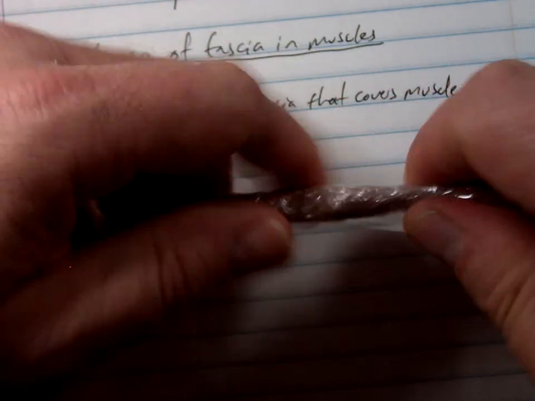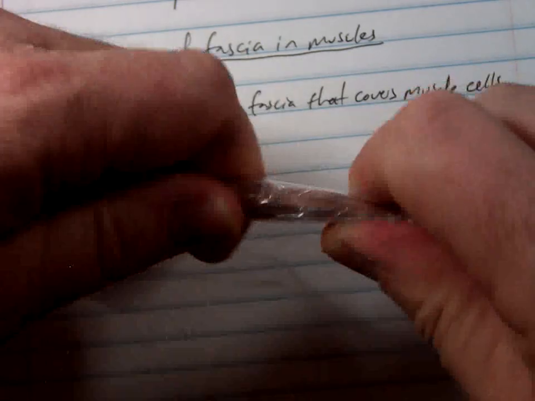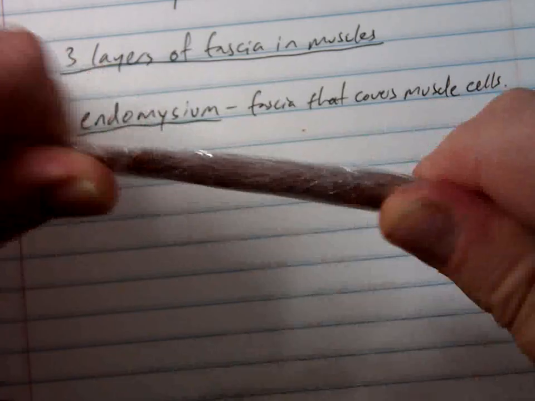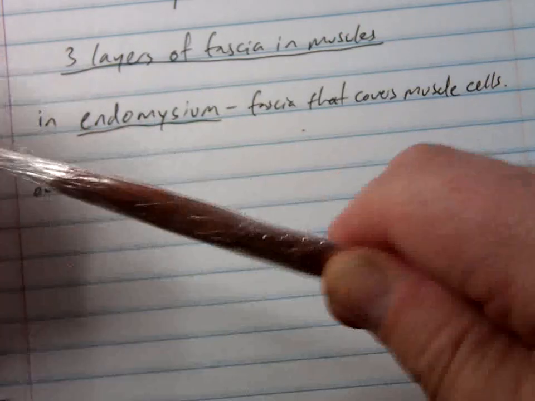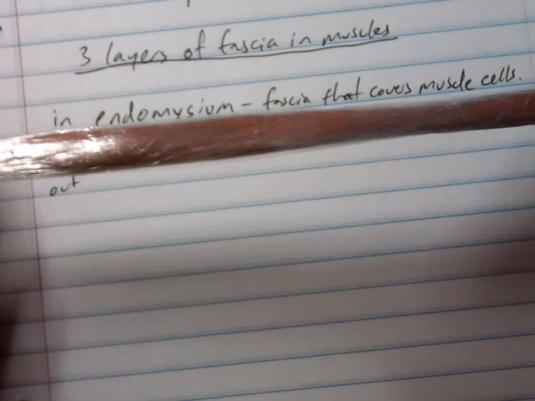Now, I'm overdoing the layers here. There wouldn't be quite this many layers around a single muscle cell of endomysium, but I'm trying to illustrate a point. Because those layers of connective tissue add strength, it makes it harder to pull this apart.